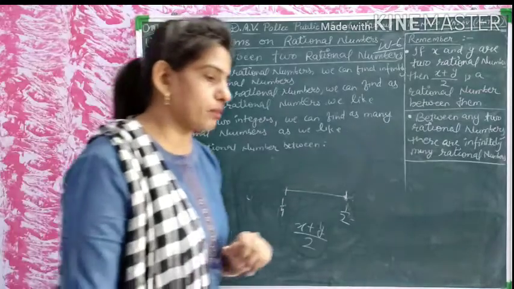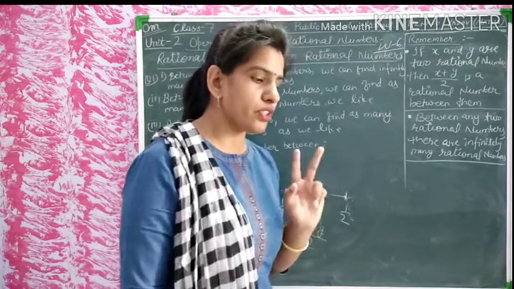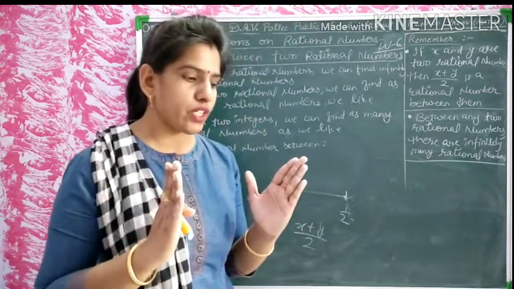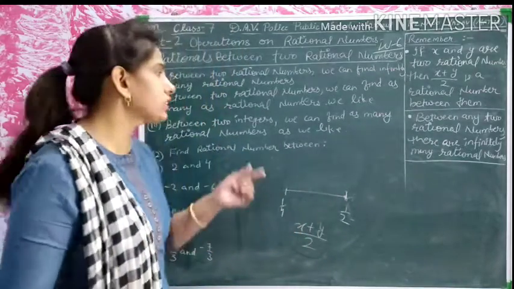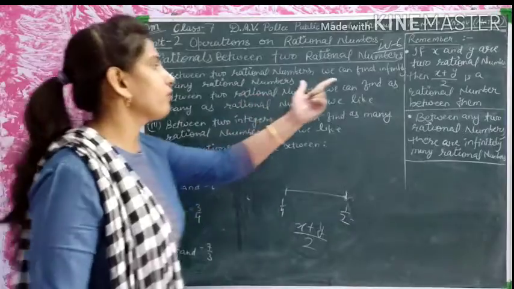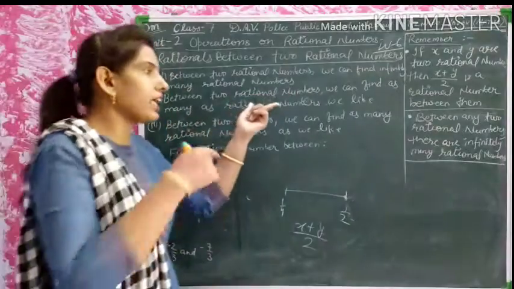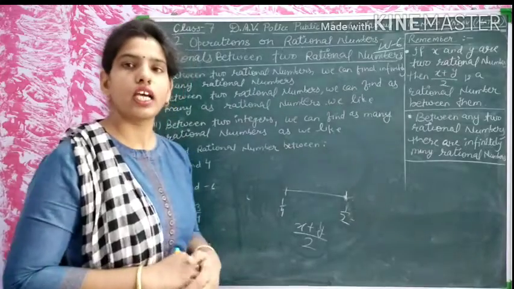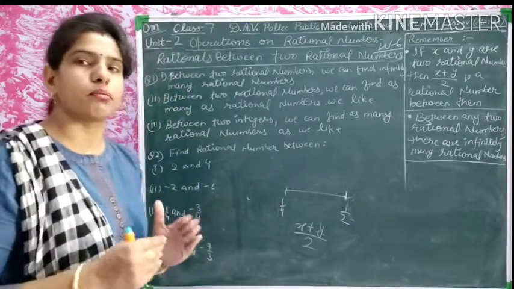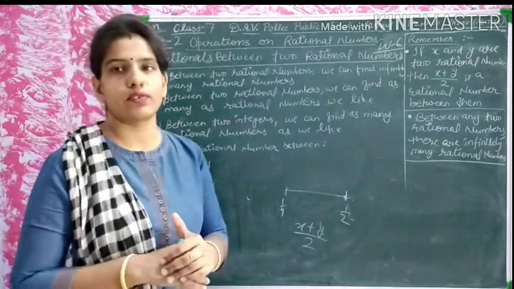Now the second statement is, between two rational numbers we can find as many integers as we like. No, because we can find as many rational numbers as we like. Is this clear, students?